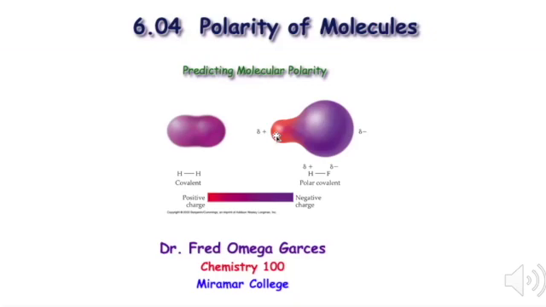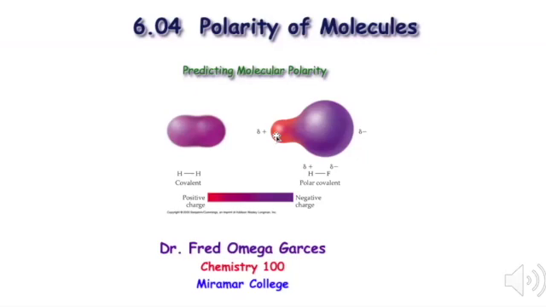Like planet Earth, it's got a north pole and a south pole. A magnet has a north pole and a south pole. Molecules can have poles as well. We don't say north and south, we say partially positive, partially negative.